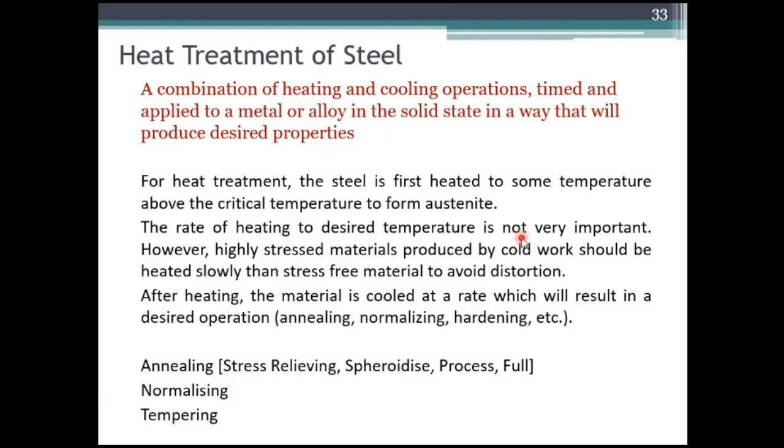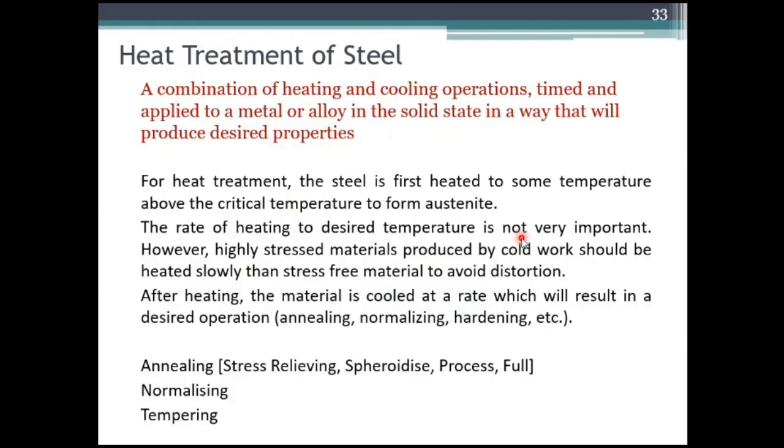When you talk about a highly stressed material, it will be heated slowly, and it will become a stress-free material. It will not yield to any distortion or disruption. After heating, the material will be cooled at a desired rate.